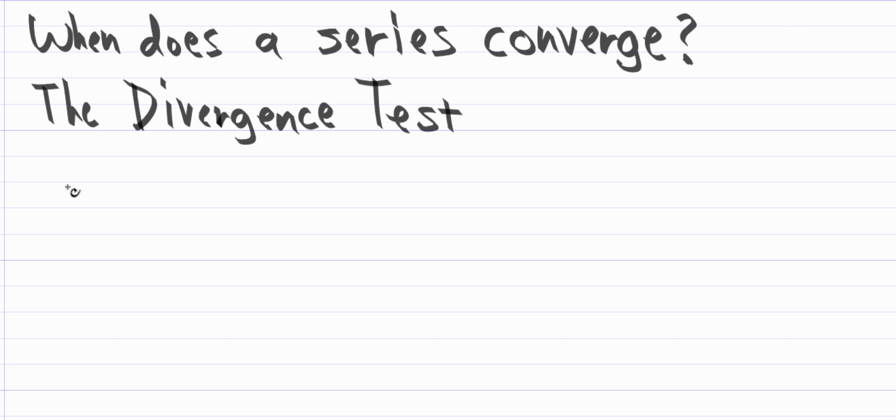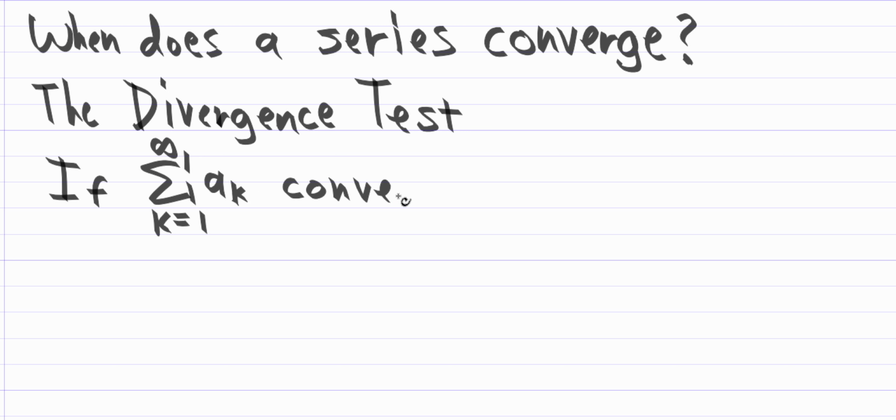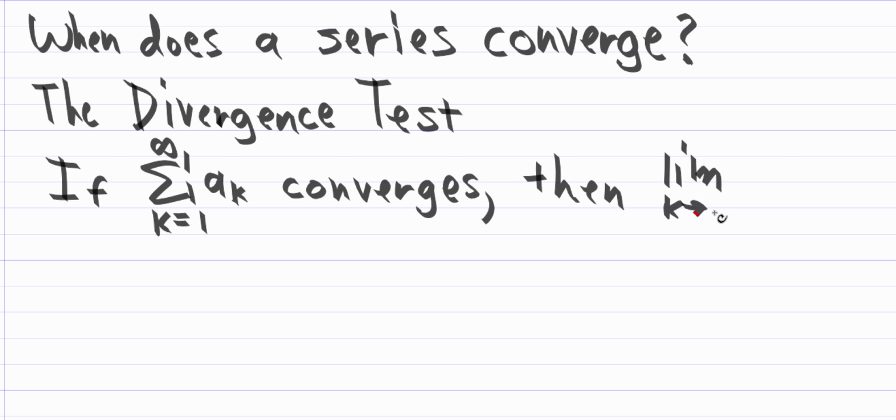The divergence test basically says that if the sum from k equals 1 to infinity of a_k converges, then the limit as k approaches infinity of a_k has to be 0.